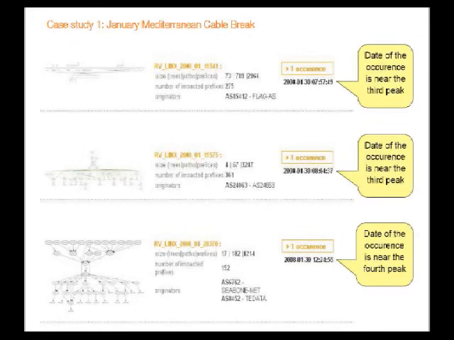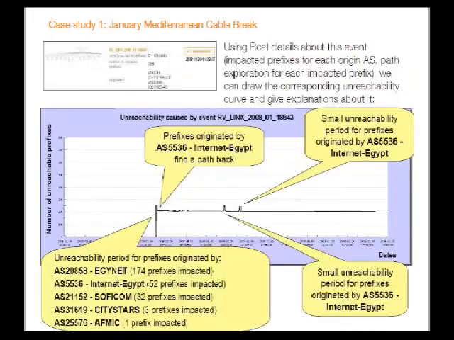Now for each event, I'm going to use Rcat details about which prefixes were impacted, and using the path exploration, just like I've shown you previously, I can draw the total unreachability curve related to this event, and I can detail what's happening.